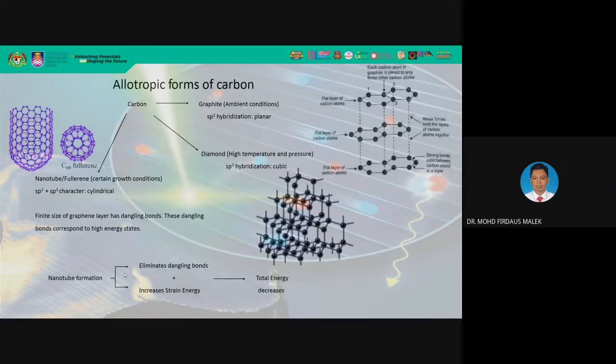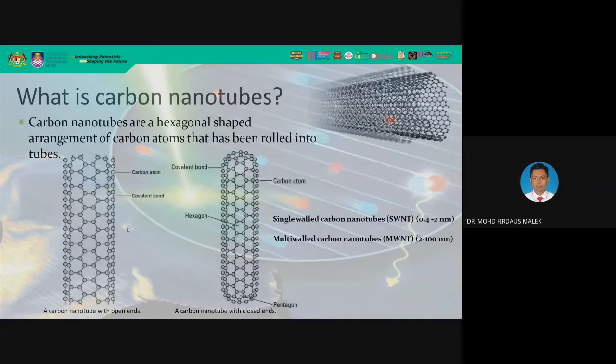In nanotube formation, it will eliminate the dangling bonds and also increase the strain energy. The strain energy is the energy within the atoms. We will focus on carbon nanotubes.